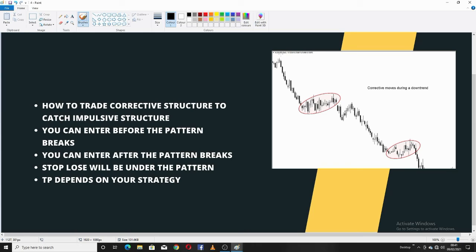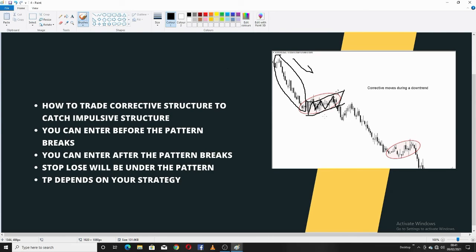So let's say you just saw that the market recently had an impulsive move to the downside. What do you do? You are waiting for the market to present some sort of corrective move. This can be seen as a channel, an ascending channel.